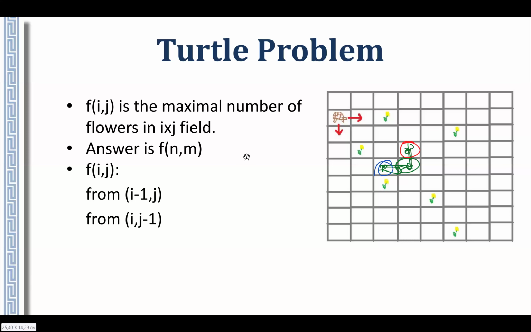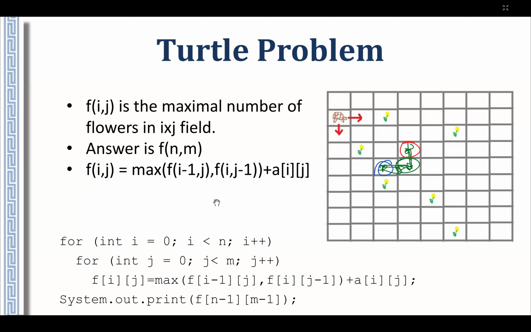That's why we can choose the maximum of these two numbers, plus maybe one if there is a flower in position i, j. Because it is 1 or 0 in the matrix, we can just add A[i][j]. So now we have a rule for how to compute F[i][j].